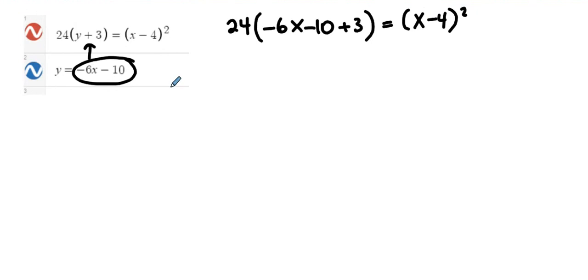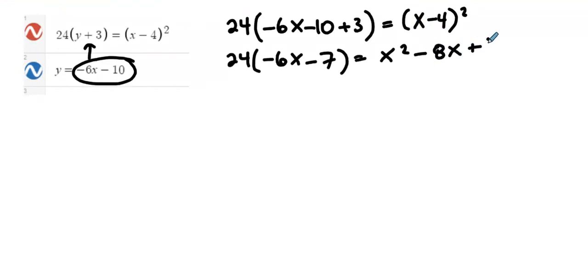So this is still parabola and a line. So if we simplify this, negative 6x minus 7, remember that to square that, so binomial times a binomial is a trinomial. Okay, so those are all little places where you can make mistakes. We distribute.